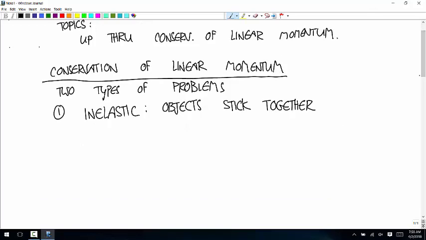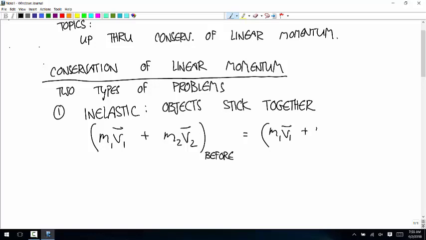In that one, you use the fact that mass of 1 times the velocity vector of 1 plus the mass of 2 times the velocity vector of 2 (this could actually hold for more than 2 objects, you could have m3 times v3 and so on), all right before the collision, the instant right before they make contact, is equal to m1 v1 plus m2 v2 right after the collision.